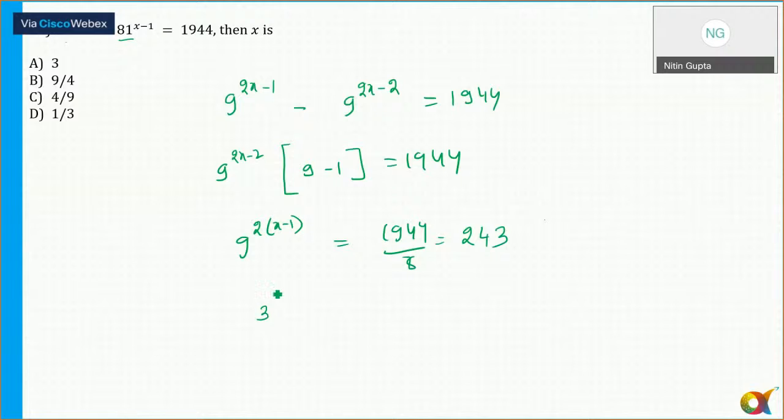So I get 3 raised to power 4 into x minus 1 equal to 3 raised to power 243. 243 is equal to what? Can I say that is 3 raised to power 5? So 4 times x minus 1 is equal to 5. So x minus 1 is equal to 5 by 4. So x is equal to 9 by 4. So option number B.